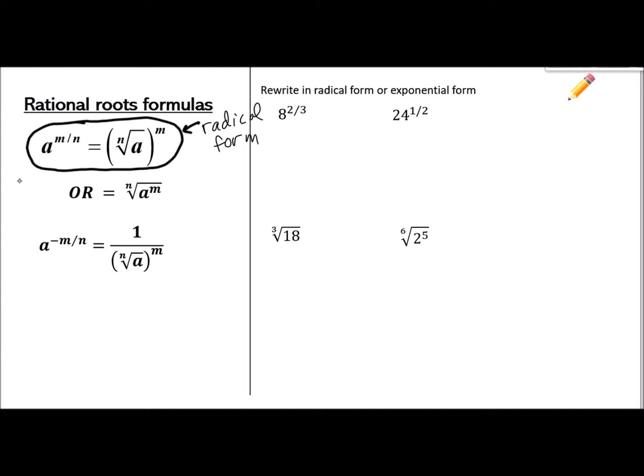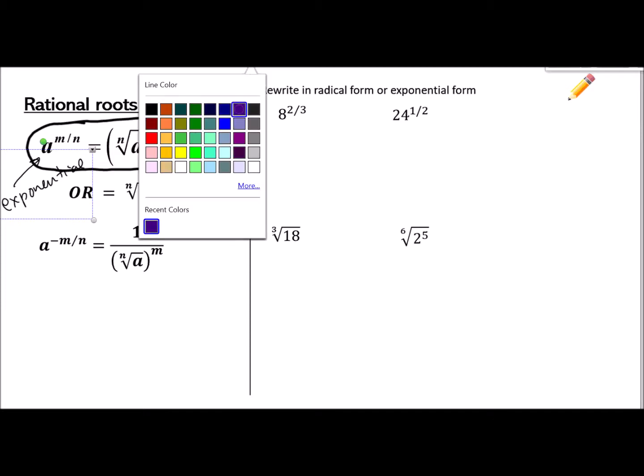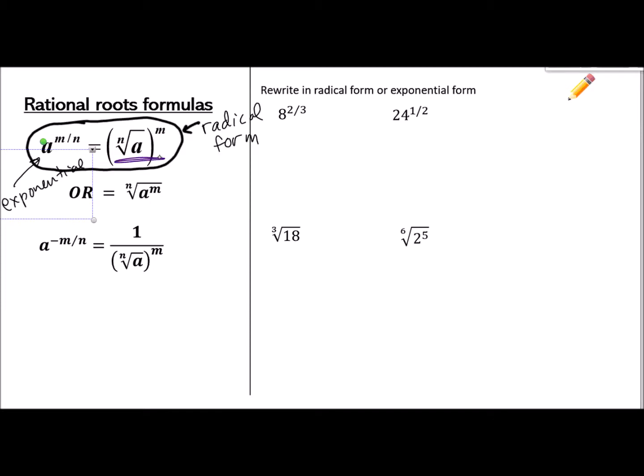And now what we're turning it into is exponential form, meaning the numbers from the radical move up as just a power, a fractional power. There are a couple ways to write it. This is the most common, but you can also write it that way.